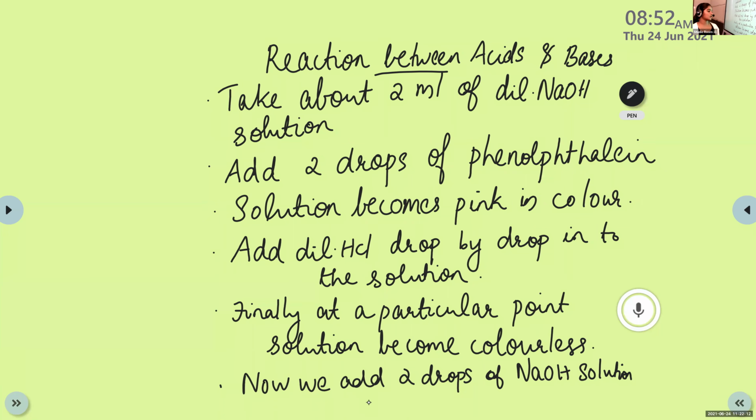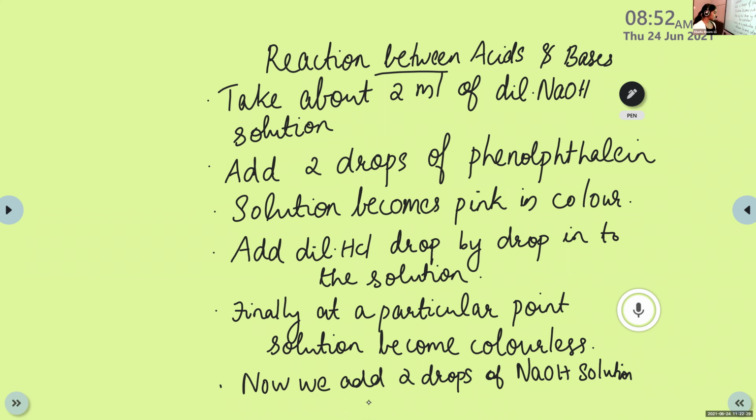Then we again add 2 drops of NaOH solution. That means the base will become excess in that solution. Then what about the color change? Yes, again it becomes pink.